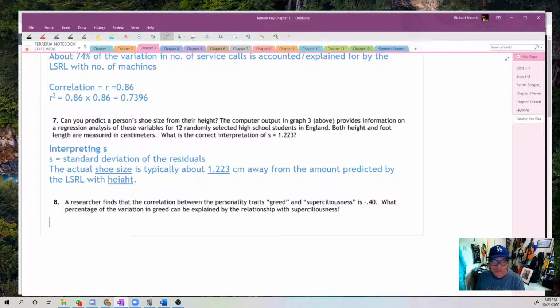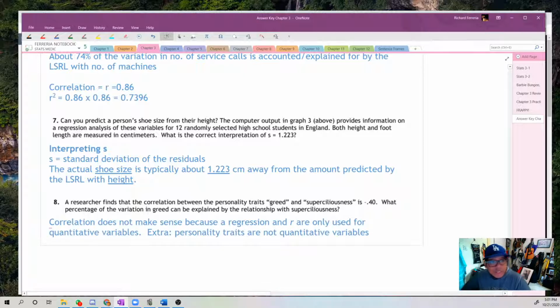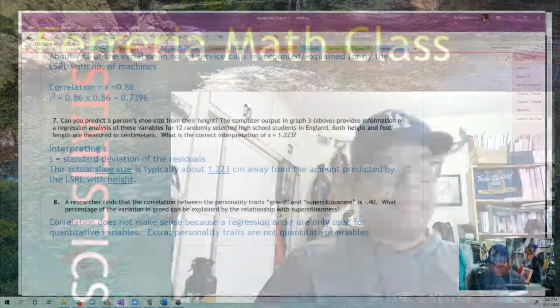Personality traits are not quantitative. So, keeping that in mind, correlation does not make sense because regression and r are only used for quantitative variables. And if you're being extra, you would say that personality traits are not quantitative variables.